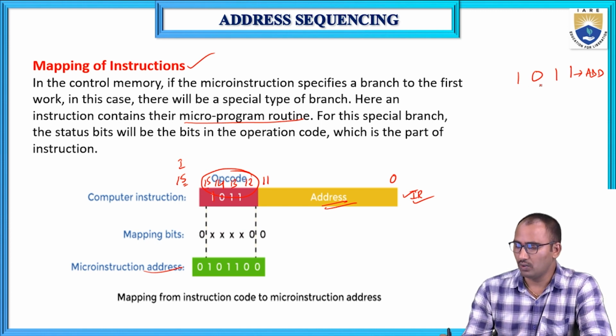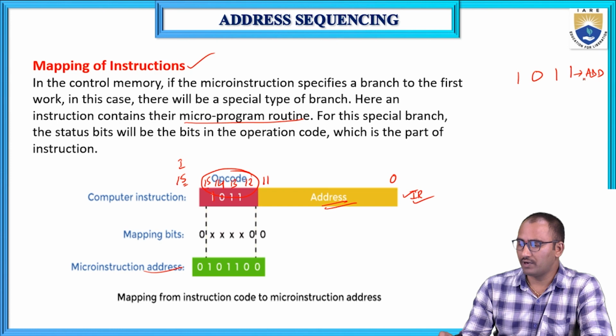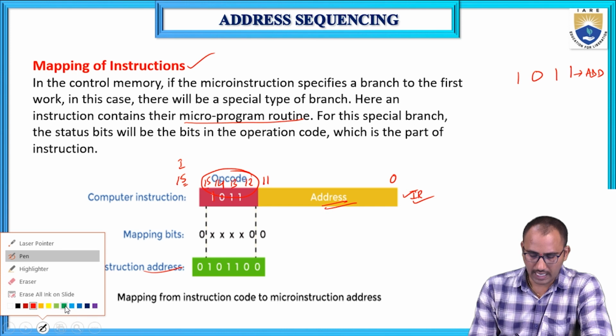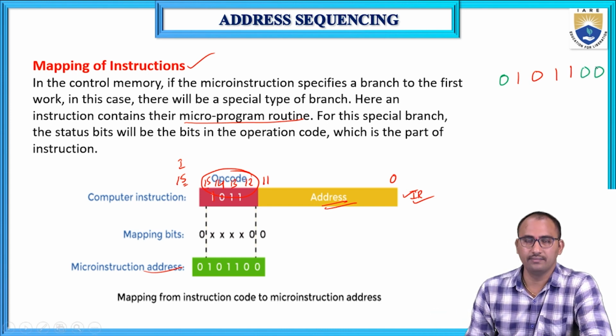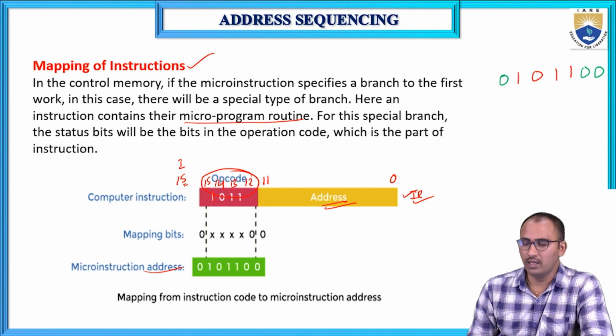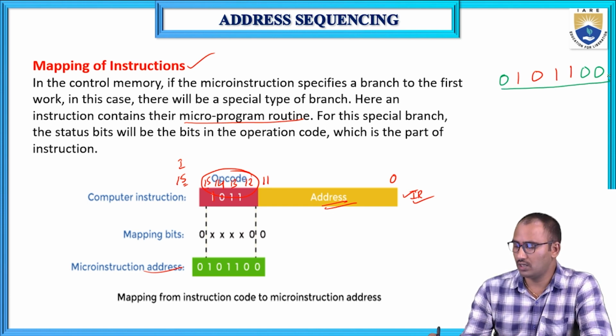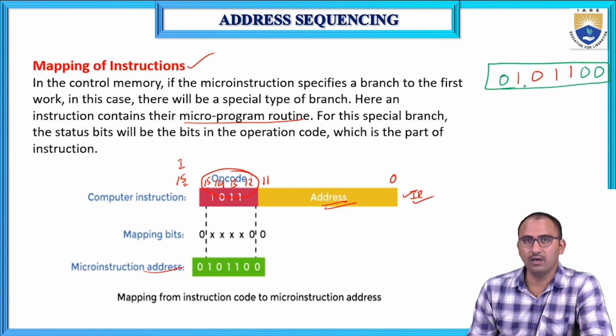So for this opcode 1011, we are adding some mapping bits, which are zeros. We add a 0 to the left side and 2 zeros to the right side, so that it forms the address of the micro instruction. This is the address of the micro instruction in the control memory.